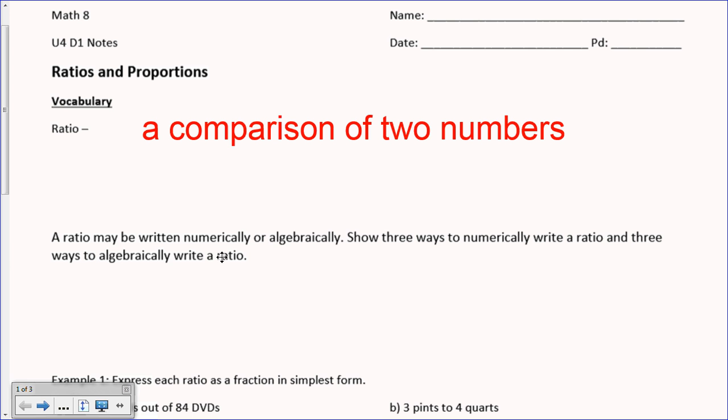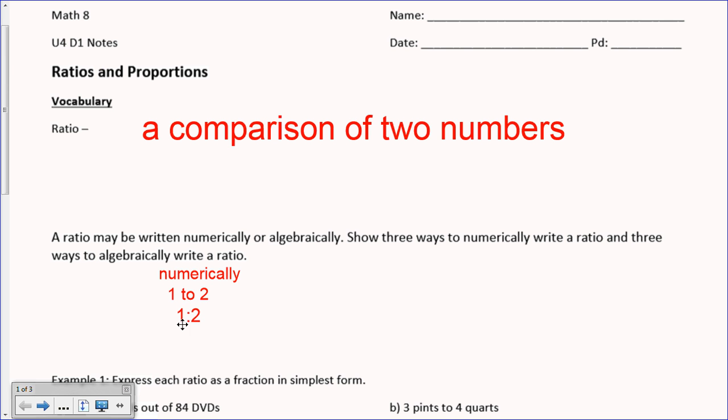So there are 3 distinct ways, and we can do it with numbers, or we can do it algebraically, meaning we can do it with letters. So numerically, we could say it's just 1 to 2. There's 1 girl to every 2 boys in the class. So we can actually use the word "to."